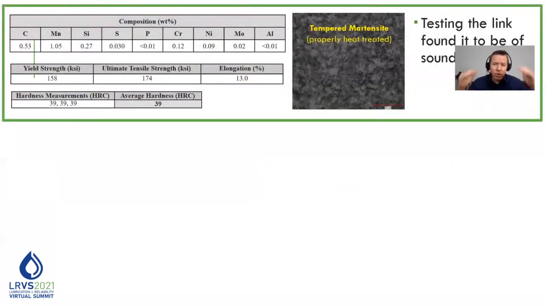That does beg the question of whether the durability of the link was what it should be. And so instead of guessing, with a little bit of extra testing you can assess whether the link was what it should be. So the chemistry, hardness, strength, and microstructure in this case are all fine. We can come back and say, hey, there's no quality issue with your link, and you guys broke a perfectly good link.